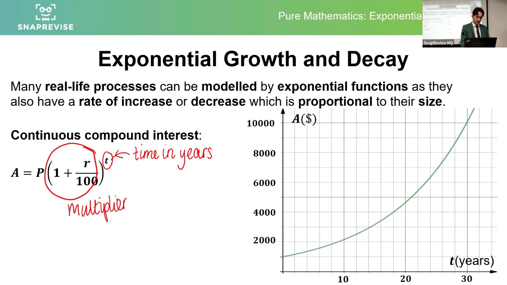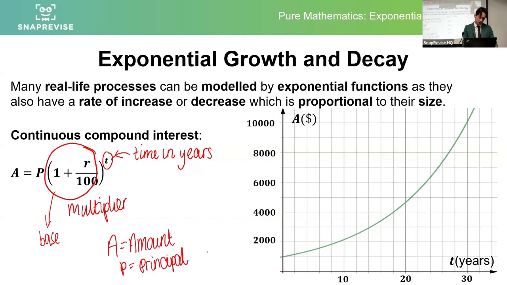So that becomes, in this case, your exponential base. And the time is the exponent. So if we think for this, A equals the amount, P equals the principal value, the initial amount, T is obviously the time, and R is the interest rate.